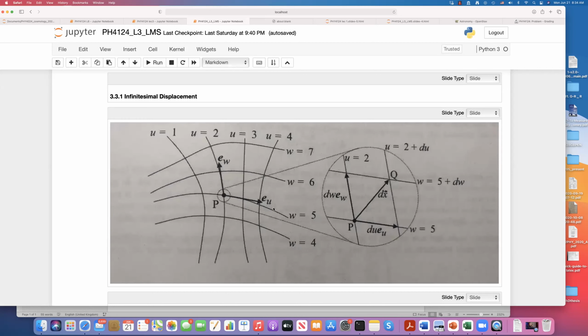So they are tangent to a W equal constant and also U equal constant. On the right hand side, you would see an enlarged version of the same thing. And since you have the notes, I hope that all of you have this picture with you, right?